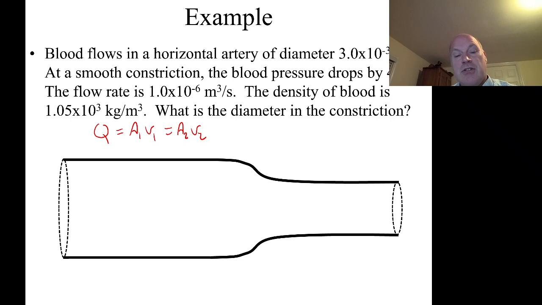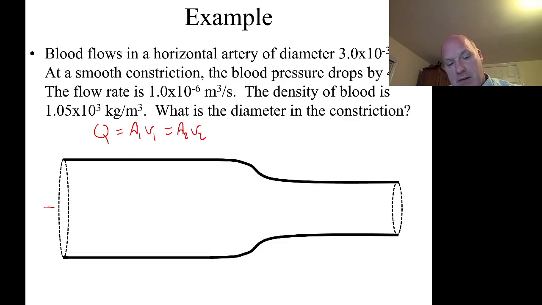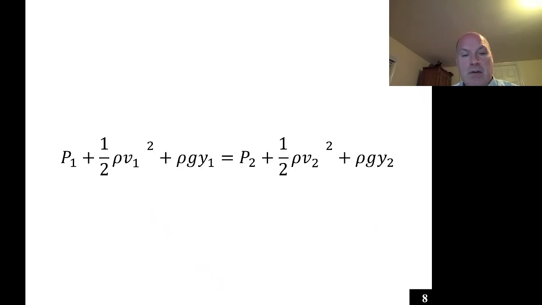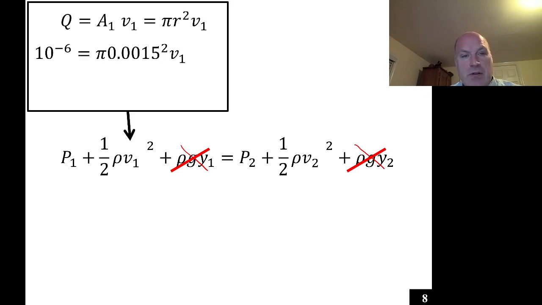That gives us a relationship between the velocities. Here, I've done it out. You've got Bernoulli's equation also, because the height is not changing. You write down Bernoulli's equation, and the first thing you do is cancel out the two potential energy terms.